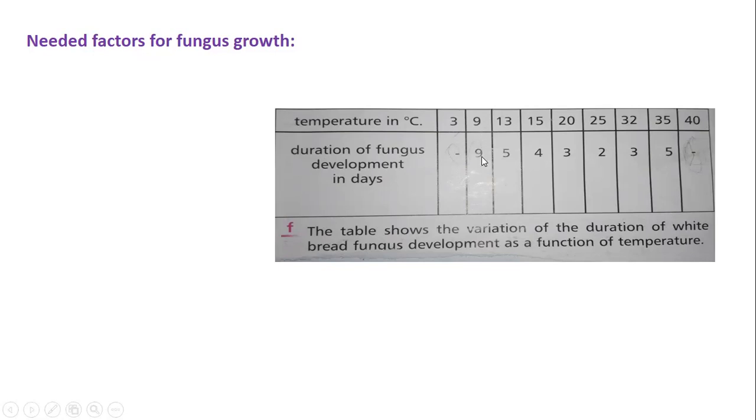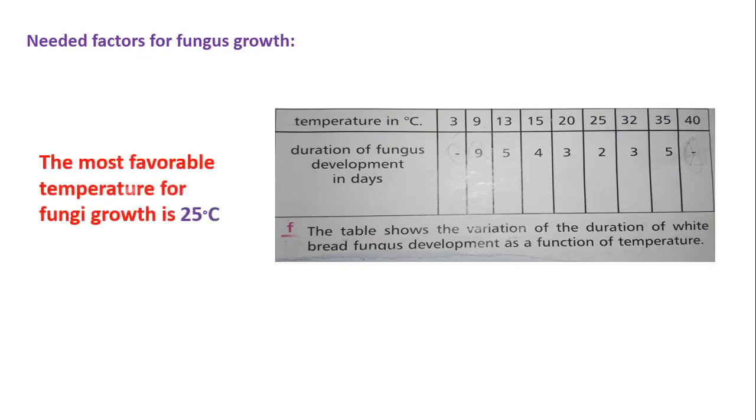For 9 degrees, it increases to 10 days. If we increase the temperature to 25, the needed time for fungus growth is 2 days only. This is the shortest time. So the most favorable temperature for growth of fungus is 25 degrees.